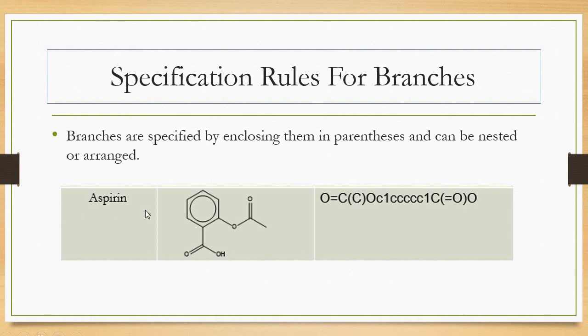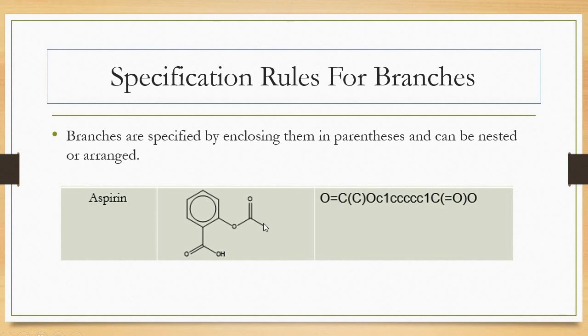For example, we have already discussed the structure of aspirin. It starts from this O double bond C, and this is present in a branch, so it is written in brackets, then O, then c1 to c1, all small carbons, which represent this aromatic ring. Then this C is out of the aromatic ring, so it is in capital, and then CO. CO is written in brackets because it is present in a branch, and then this O represents the OH.